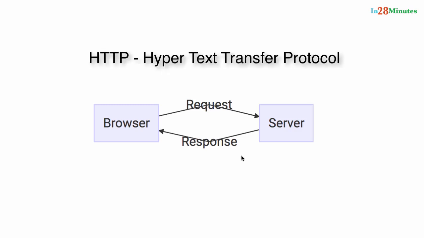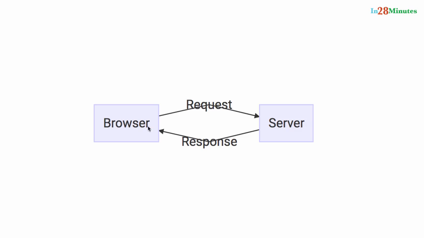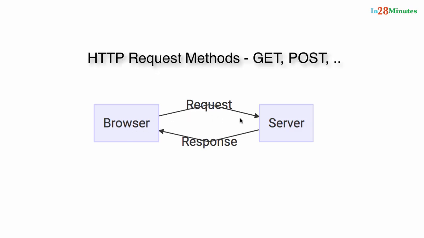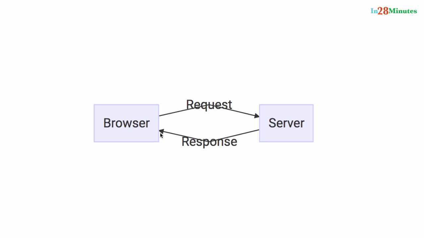HTTP, Hypertext Transfer Protocol. When I type in a URL in the browser, it sends a GET request to that server. The server responds back with an HTTP response containing the HTML. So I'm sending a GET request, and the server is sending back an HTTP response containing the HTML.